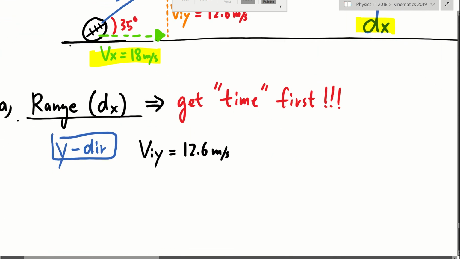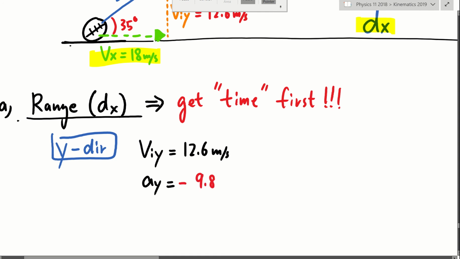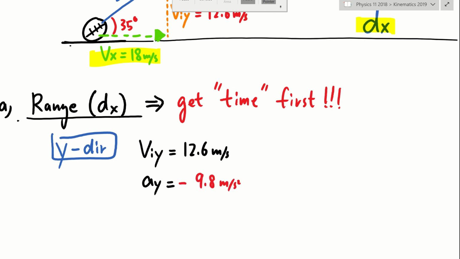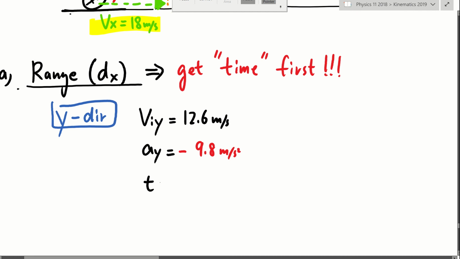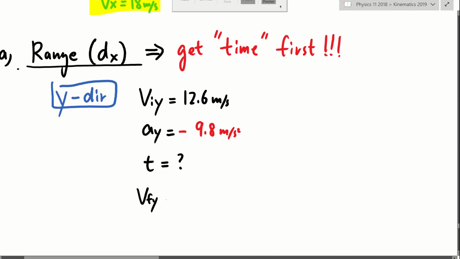For example, when I write down my V initial, I'm not writing down 22. It's 12.6, the vertical V initial. And then acceleration is easy. You have gravity, negative 9.8 meters per second squared. Time is what we want to find, so we don't know the time, and that's fine. Then we have V final y.